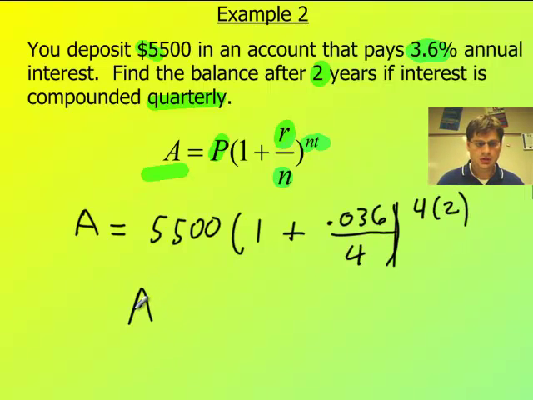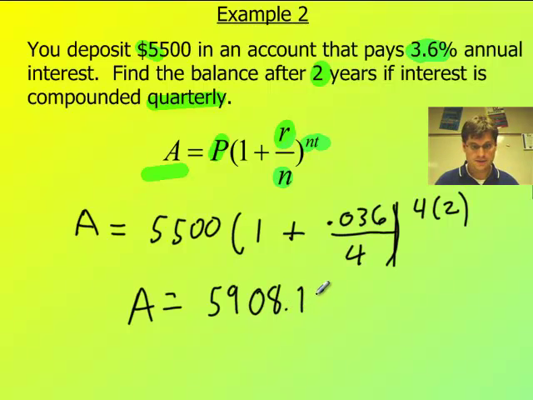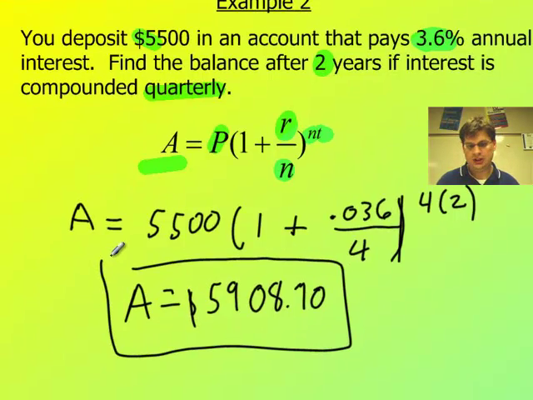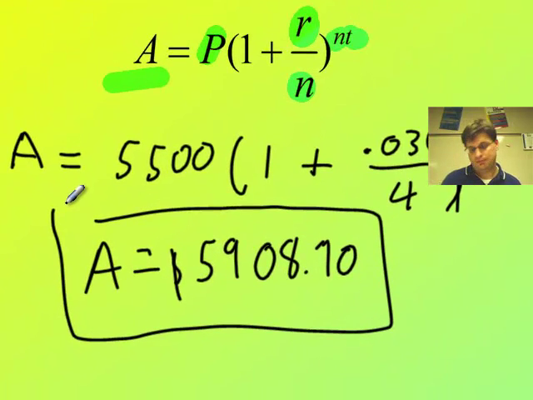And then that's all just calculator work, and that should give you $5,908.70. And then you can make that a therefore statement. So therefore you would have this much money after 2 years. Anyway, that's how you graph exponential growth functions with some compound interest on the side.